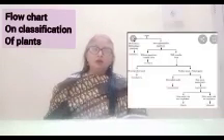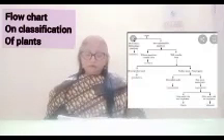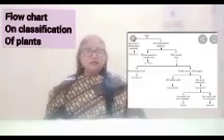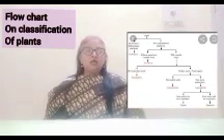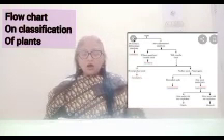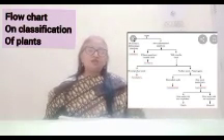Let us now discuss the flowchart based on plant kingdom. See, plants are divided on the basis of whether they have a differentiated plant body or whether they do not have a differentiated plant body. Under do not have a differentiated plant body, we have Thalophytes.